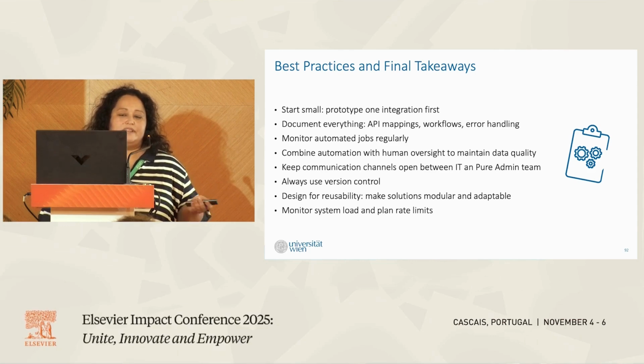The IT department said that it's always good to use version control and to design for reusability, because the first use case we could also use for another use case, and it was really simple to adapt it. And monitor system loads and plan load limits so that the system runs smoothly.